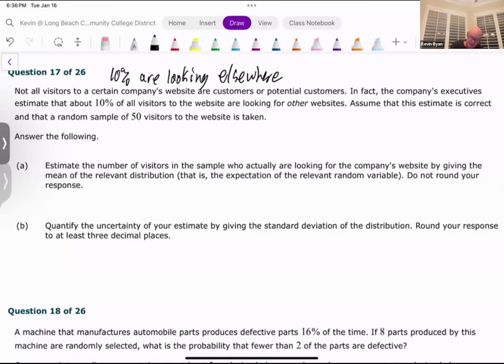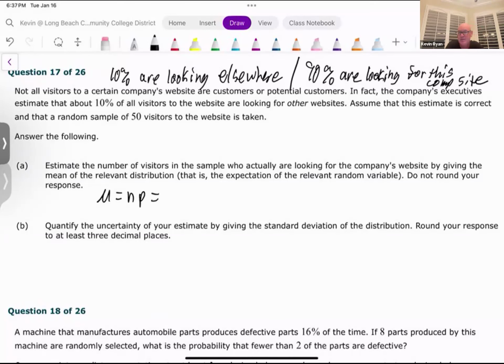That means 90% are looking for the company's website. And part A says, estimate the number of visitors in the sample who are actually looking for the company's website by giving the mean of the relevant distribution. So mu, this is a binomial distribution, is n times p.